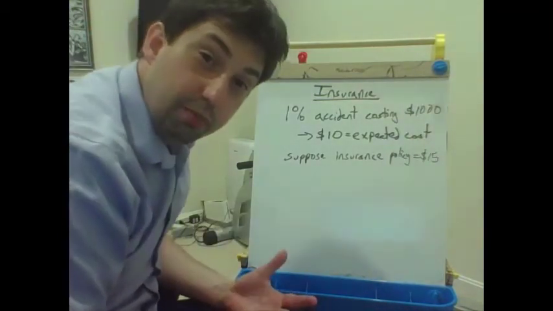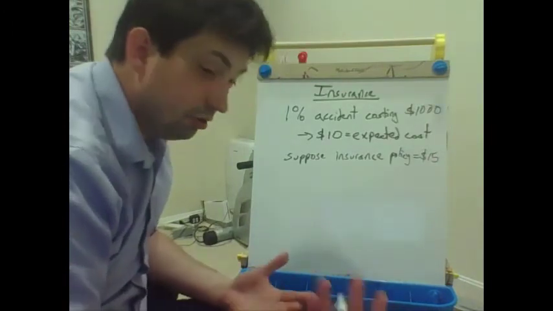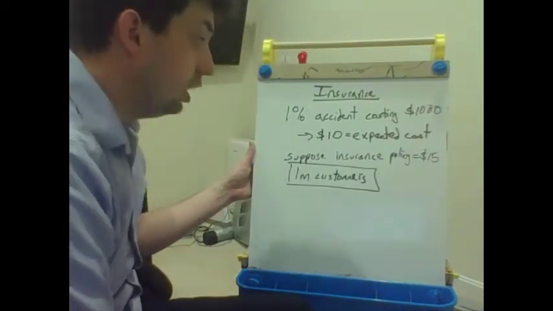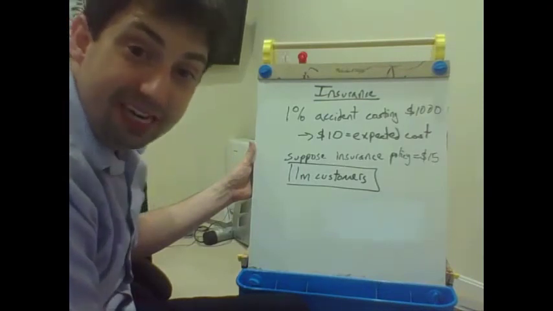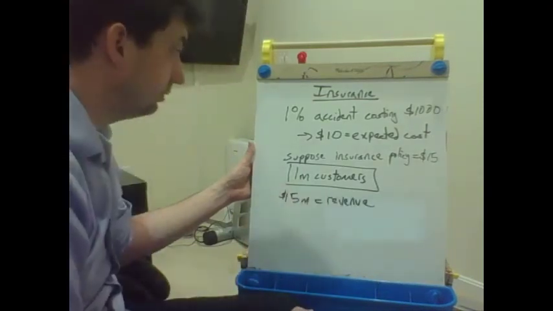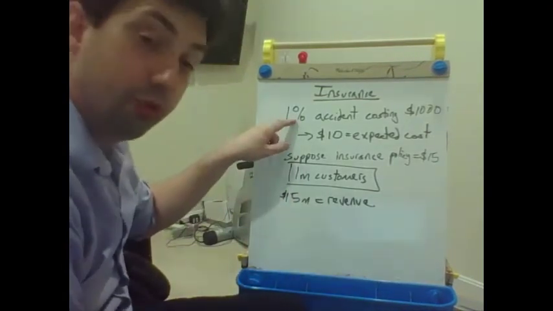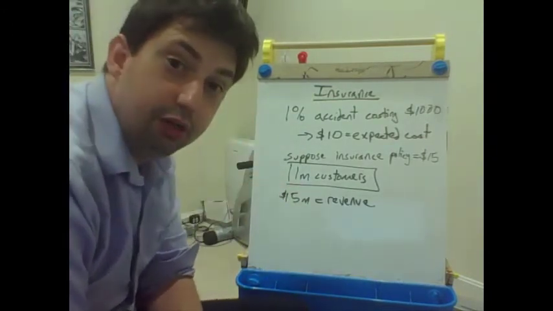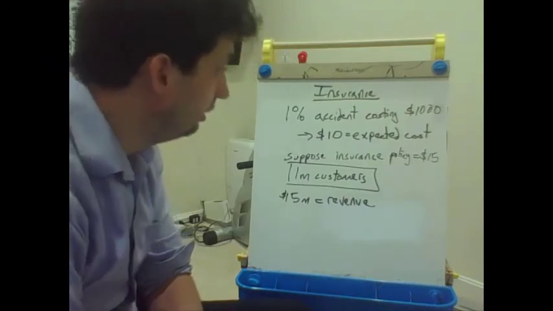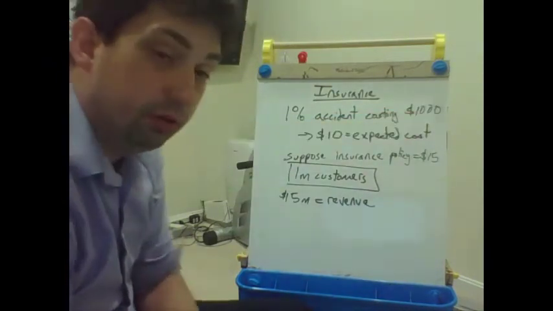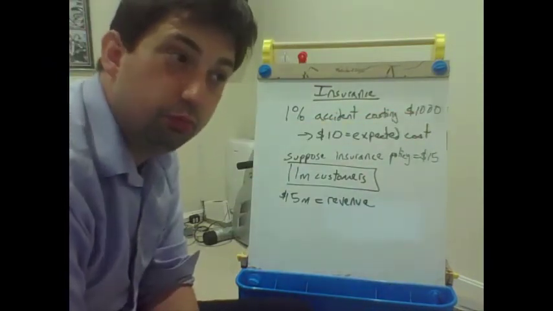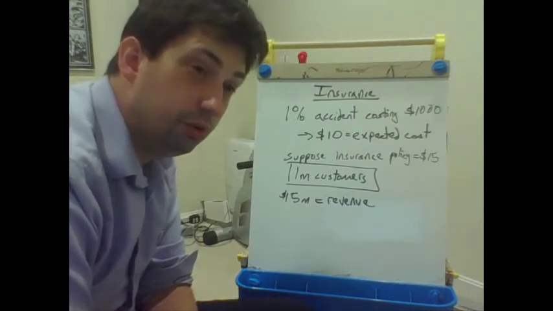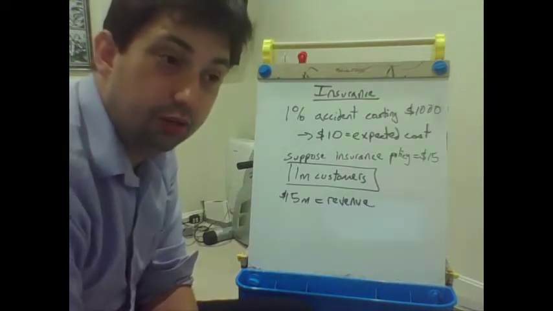So from the insurance company's perspective, let's imagine that there's 1 million customers. Well, that means that they make 15 million in revenue. However, 1% of the time, so 1% of 1 million is 10,000, the customers cost $1,000 each. 10,000 times 1,000 is 10 million.